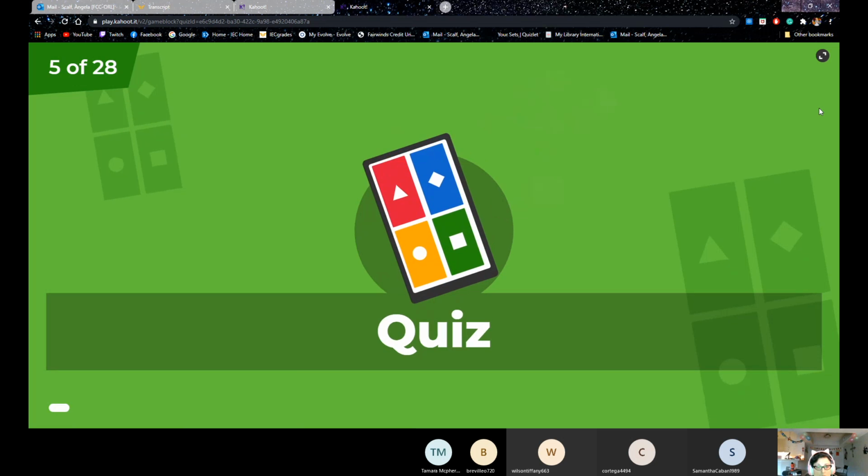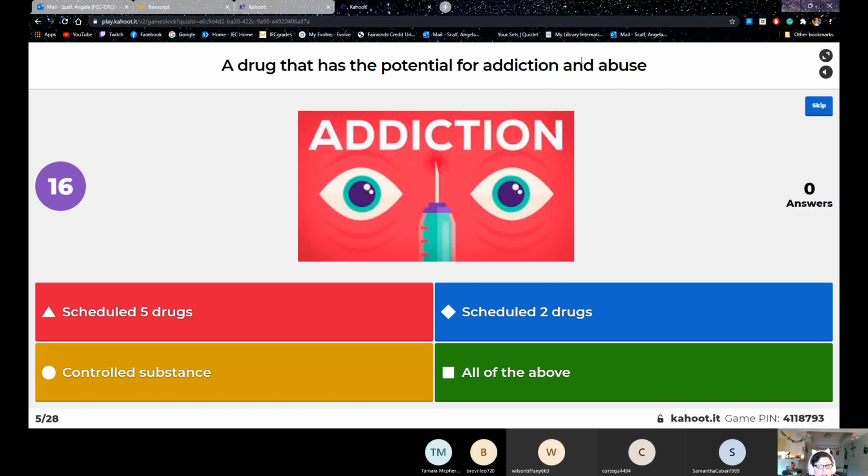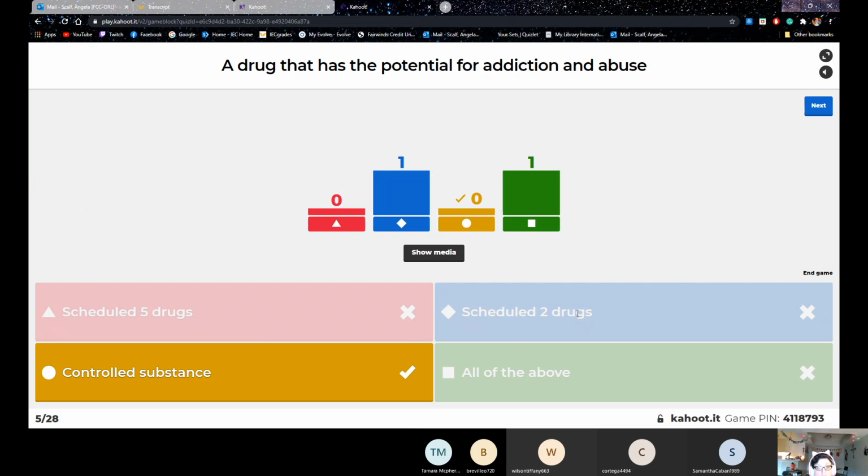All right. A drug that has a potential for addiction and abuse. What schedule was that? This is Schedule 2, guys, Schedule 2. Why it's confusing is because it says schedule, which is also a controlled substance.